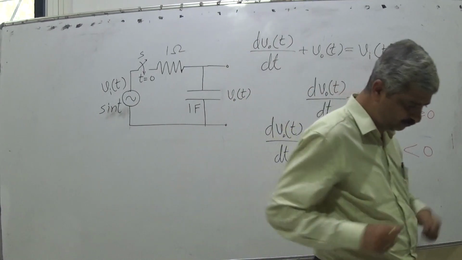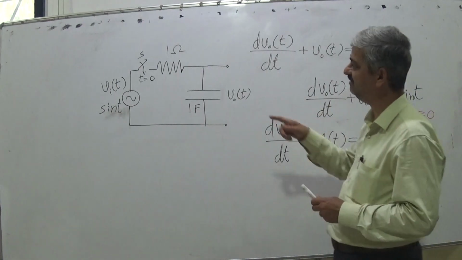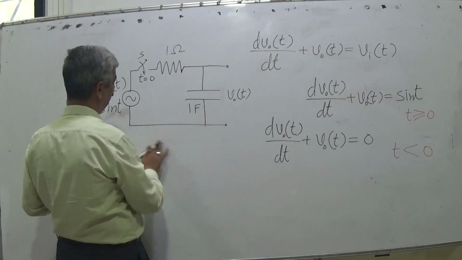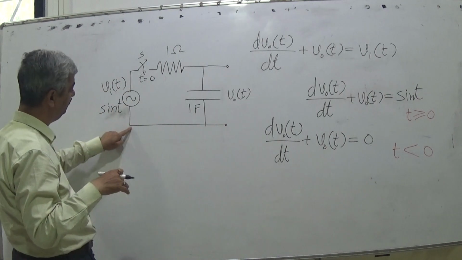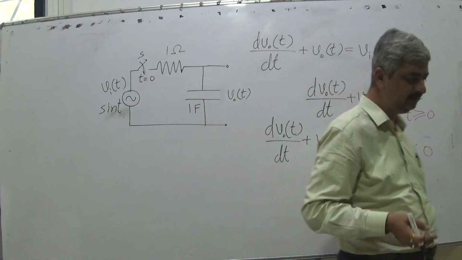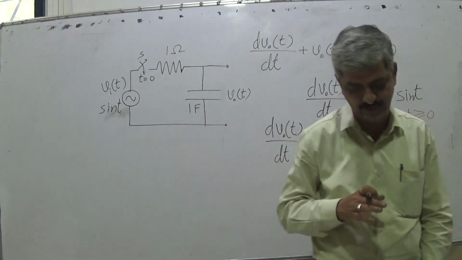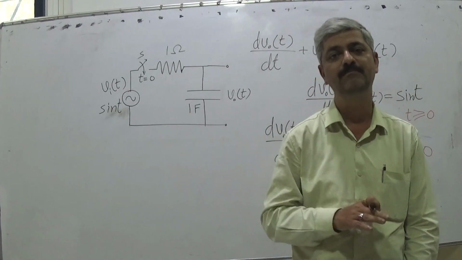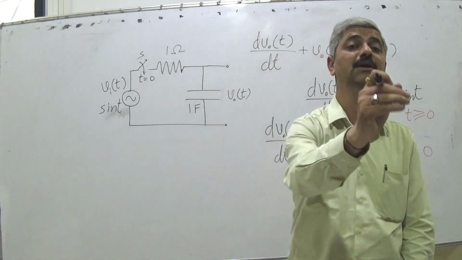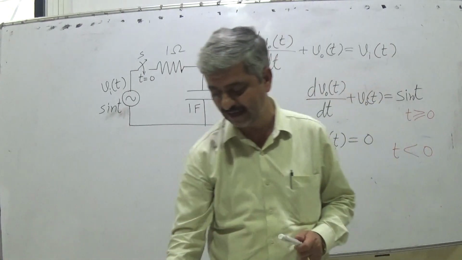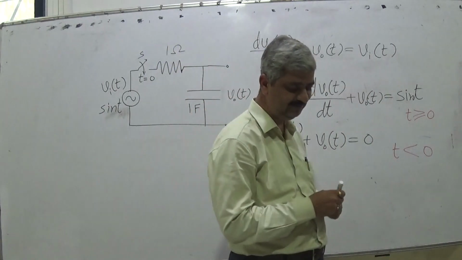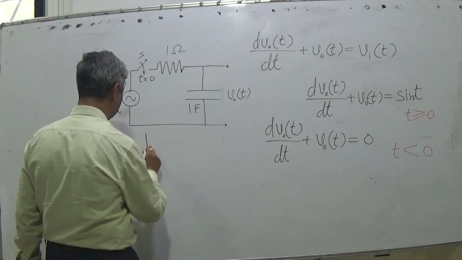And now what is the question? If I close the switch at t equal to 0, what will be the output Vo(t) from t equal to 0 onwards? I am not interested in what the previous case was, it was 0 only.